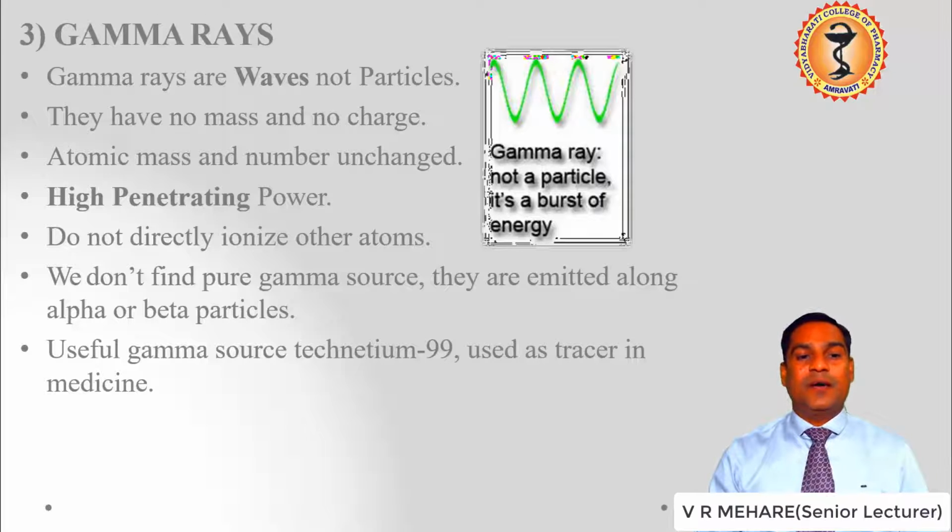Gamma rays have high penetration power. They do not directly ionize other atoms. We don't find a pure gamma source; they are emitted along with alpha or beta particles. A useful gamma source is technetium-99, which is used as a tracer in medicine for diagnosis.